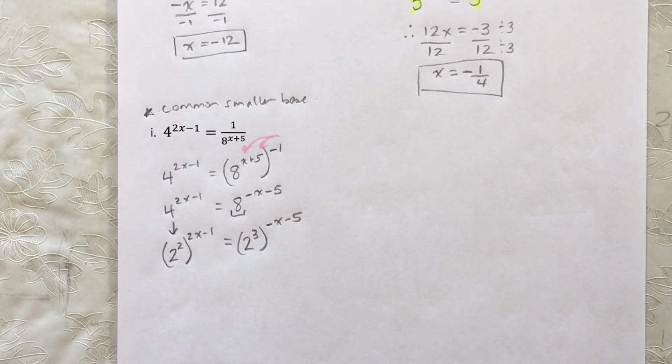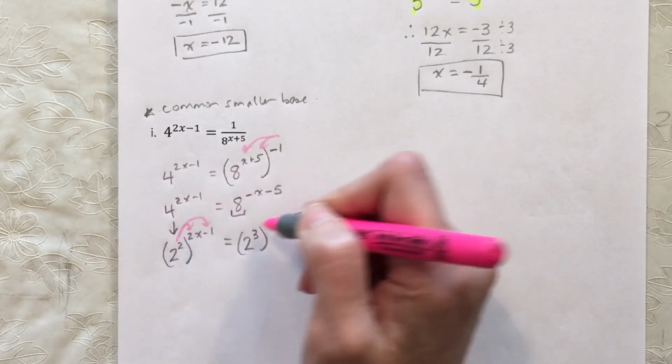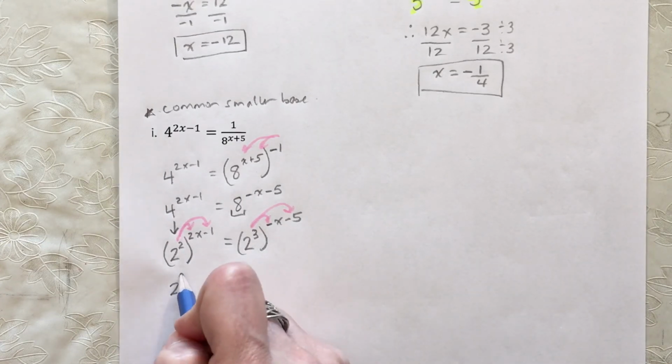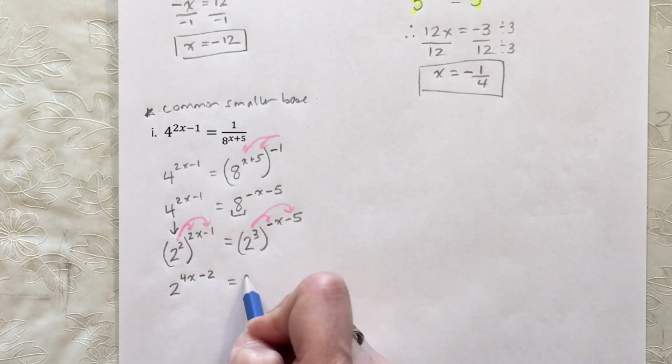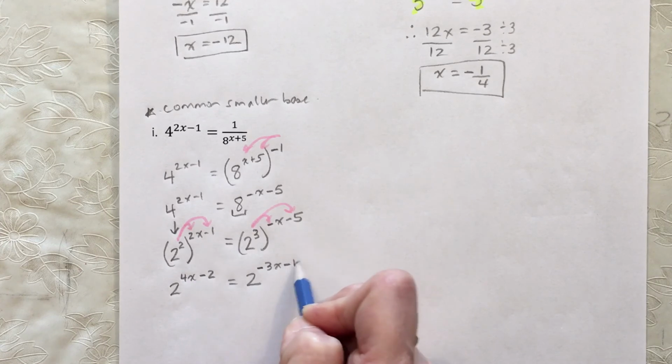So now we can use our power to an exponent. So keep the base and multiply the exponent, and that's going to be on both sides. So 2 to the 4x minus 2 is equal to 2 to the negative 3x minus 15.